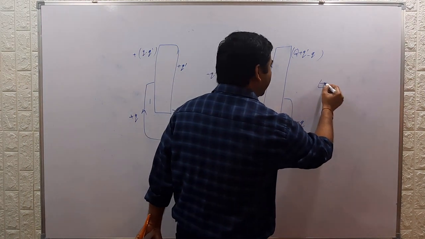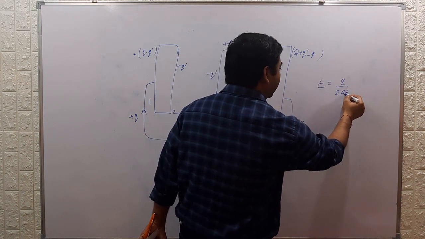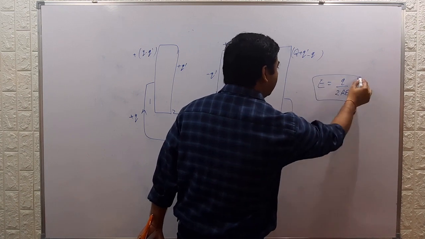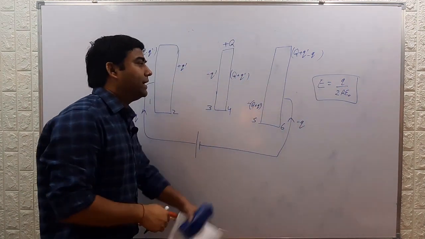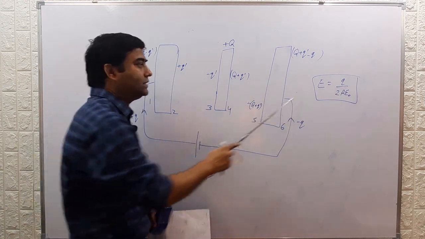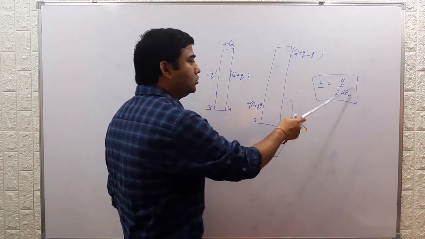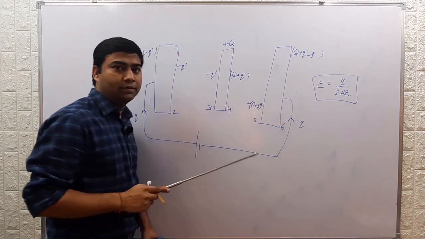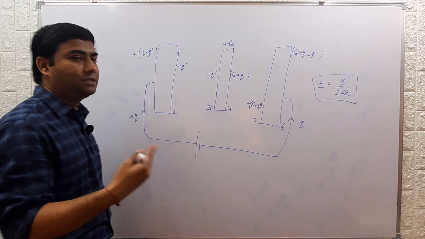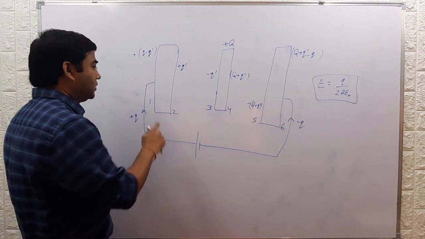We know this formula: Q by 2A epsilon 0. When the area is very large and the point P is very close to the surface, then we can use this formula of an infinitely large surface charged sheet.